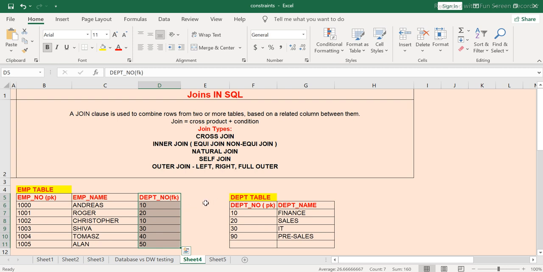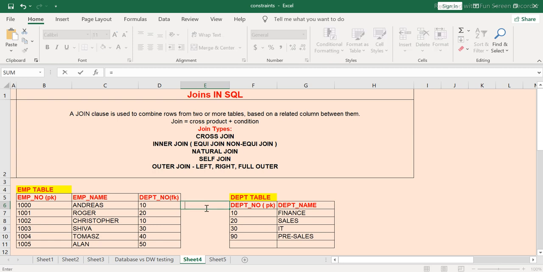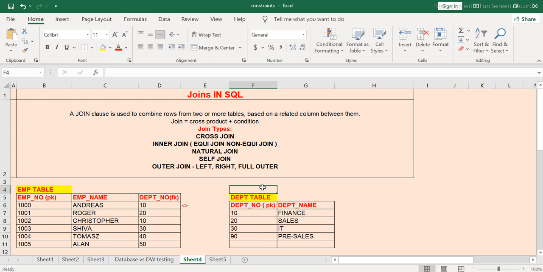When I say equal to operator between these two, then this will be equijoin. And then we have non-equijoin. If I say not equal to, then it will be non-equijoin. All right. Not able to see, I think, guys. Okay, one second.